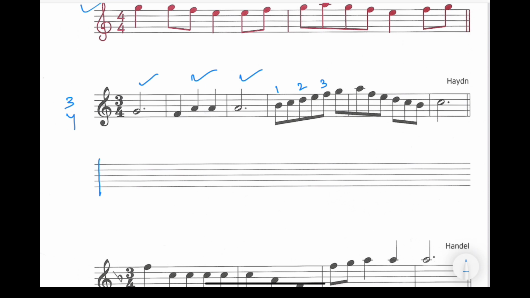So let's write them again. 3 4 started, and we write three quarter notes. Then again one dotted minim. Then we have to write all of them together.